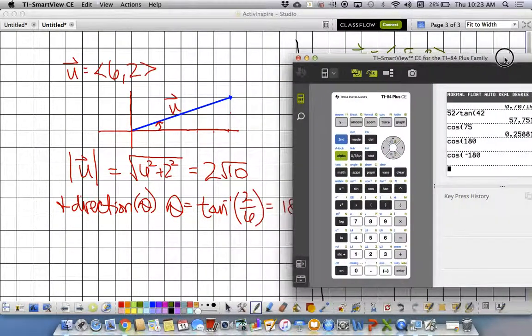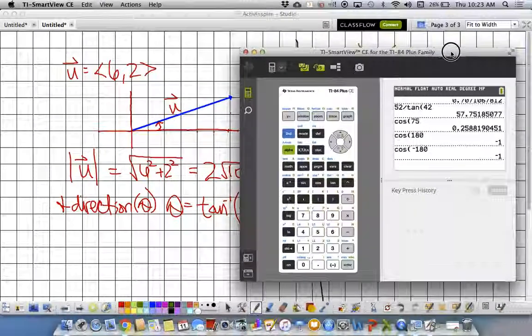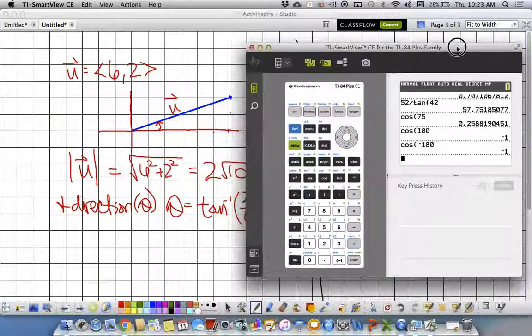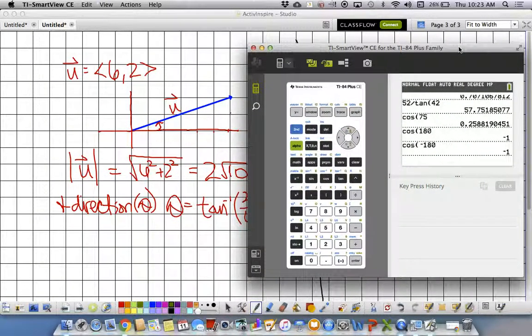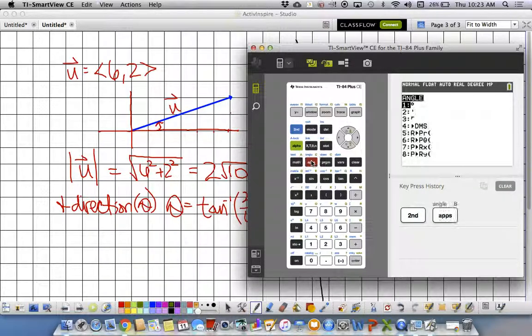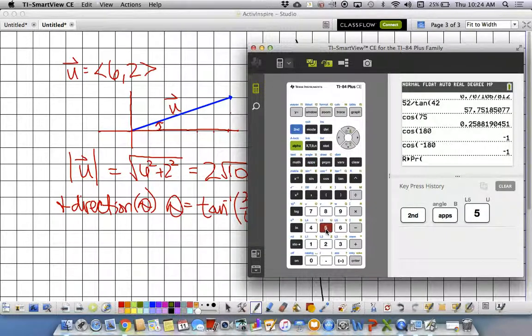Okay, you need to be able to see the answers from the last problem. Everybody got your calculators out? If you hit second angle, which is the apps button, and go all the way down to number 5, that is for the vectors, for the magnitude.